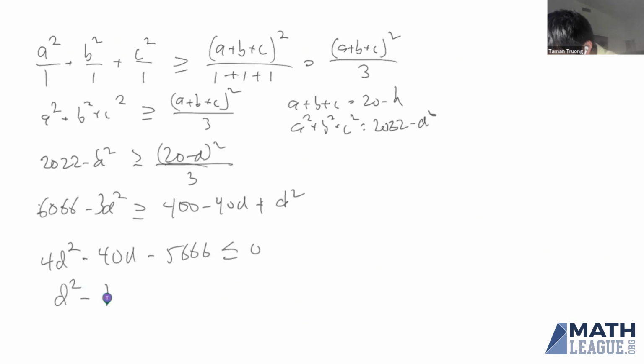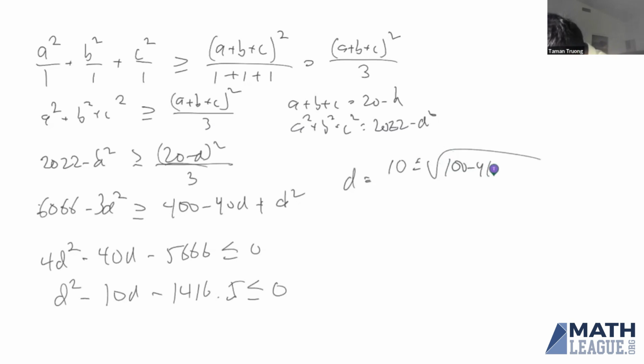Dividing by 4, we get D squared minus 10D minus 1416.5. And using the quadratic formula, we solve for D here. We get 10 plus or minus the square root of 100 minus 4 times 1 times 1416.5, over 2.